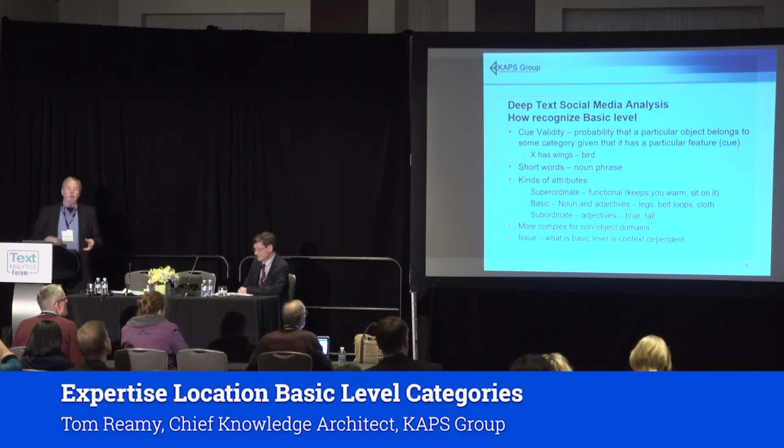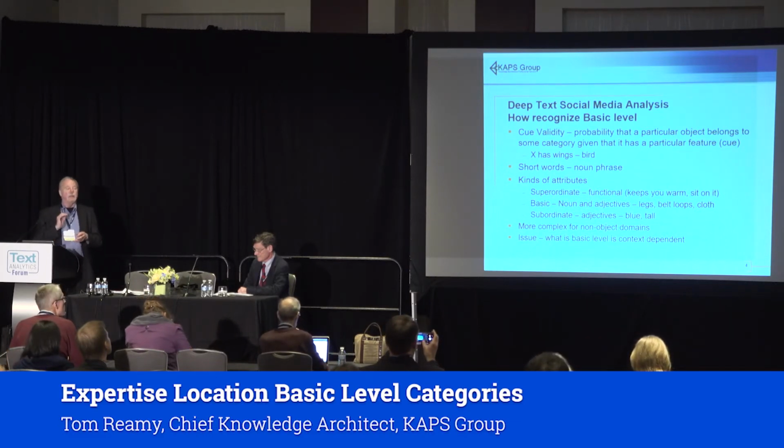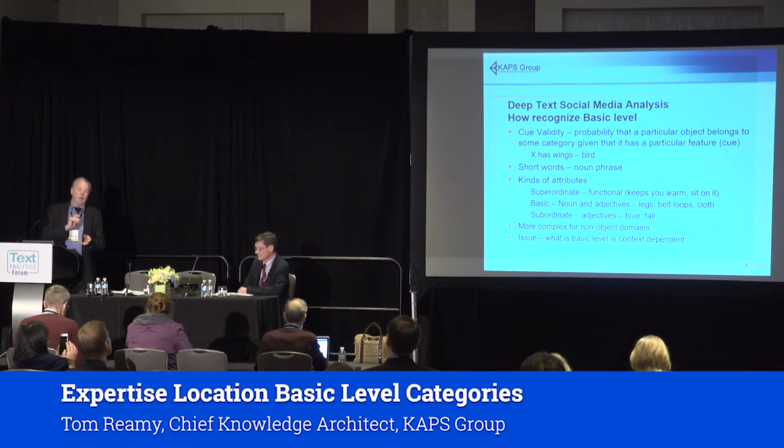One of the issues with using this technique is that what is basic can be very context dependent. I'll show you an example as we go on. So basic levels are really a relationship. There's not one basic level for all objects in the universe, but rather within a given domain, this is what the basic level would be. Each time you change the domain, you have to identify the basic level.